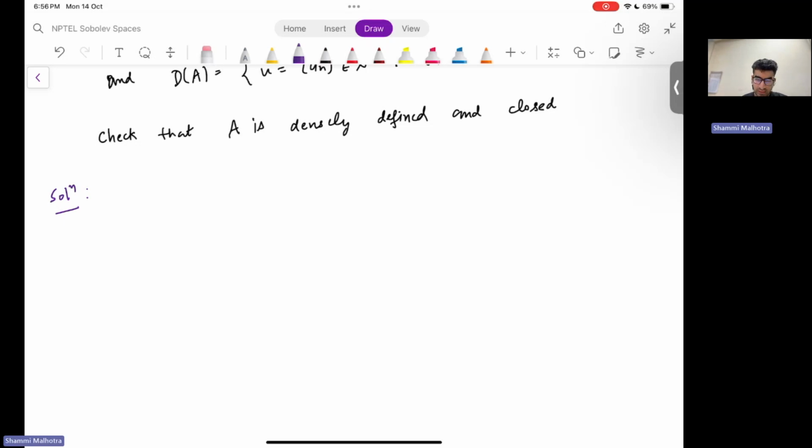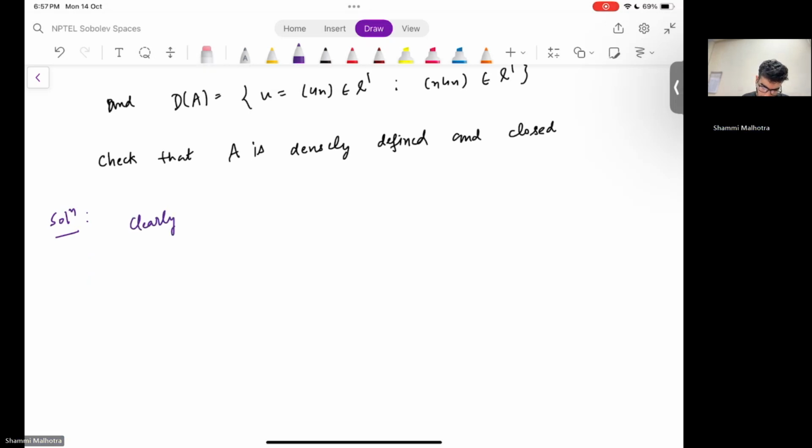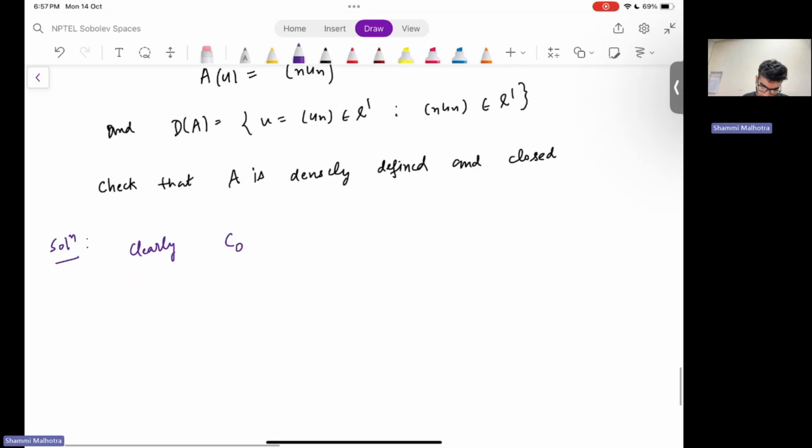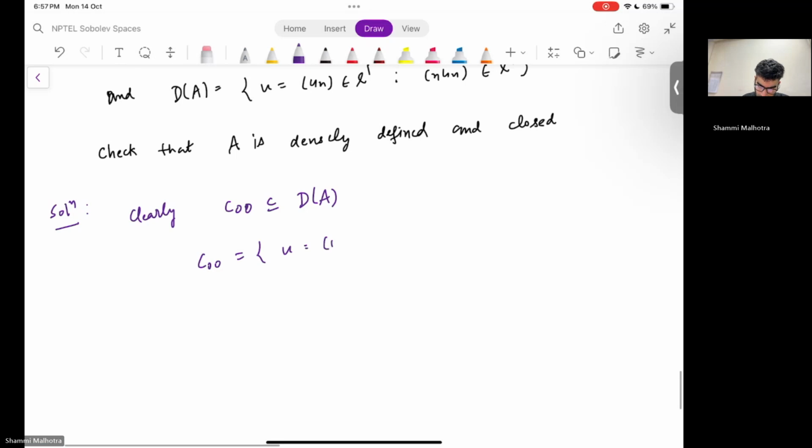To show that this is densely defined, first we note that clearly c_00 is a subset of D(A), and c_00 is all those sequences in L1 such that u_n is 0 for all n greater than K for some K. So these are the eventually 0 sequences.